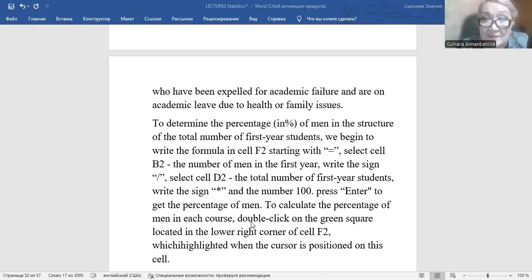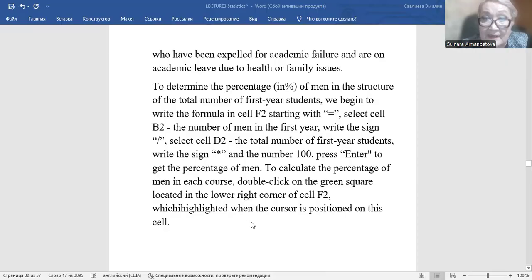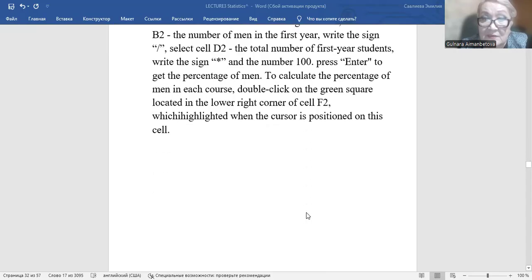To calculate the percentage of men in each course, double click on the green square located in the lower right corner of cell F2, which highlights when the cursor is positioned on this cell.